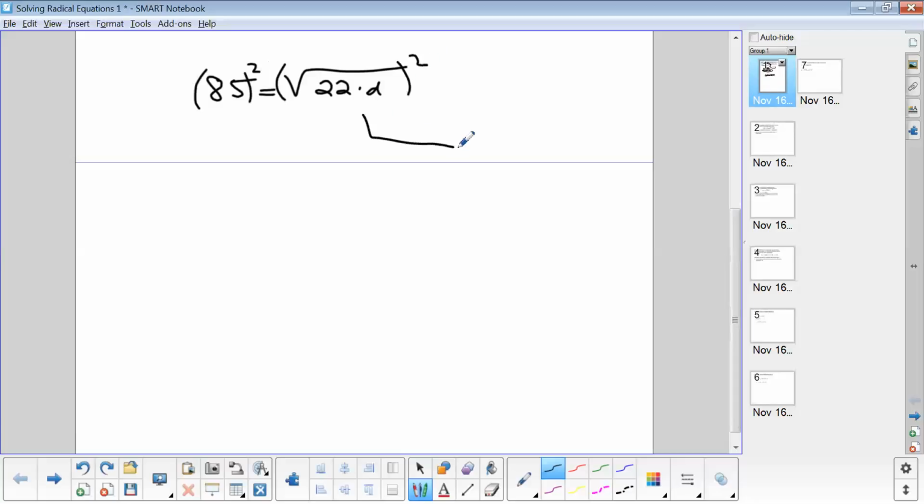Now what we talked about in class with this is also written in rational exponent form, which would be 22 times d all to the 1/2 power. So if I'm squaring both sides, notice what that's referring back to. That's your power to power rule with exponents. So when you're using the power to power rule, you're allowed to multiply. So 1/2 times 2 just gives 22d to the first power, which is what I wanted.